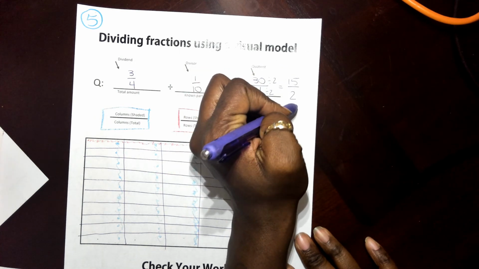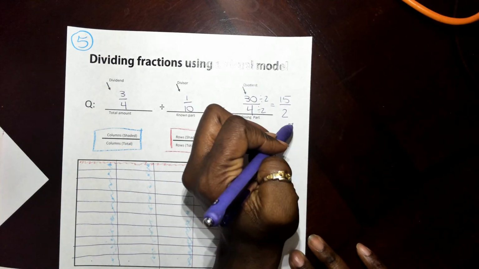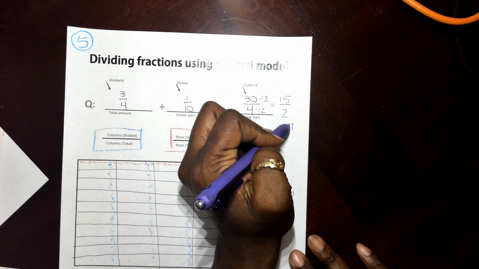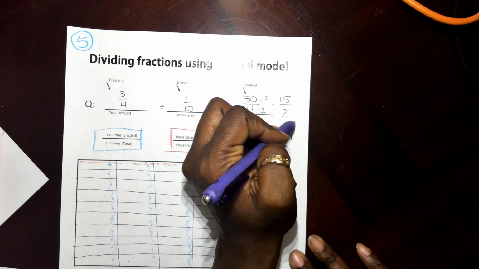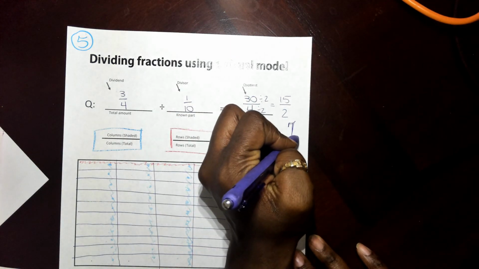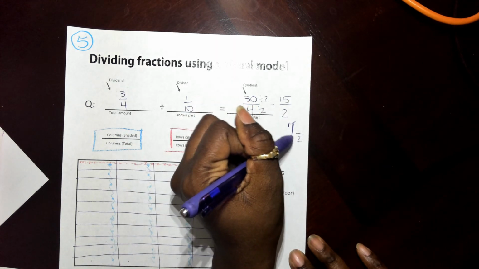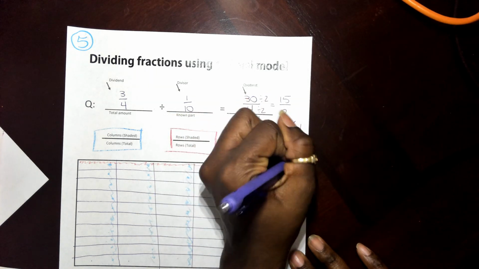We know that there's 7 groups of 2 inside of 15. That would be our whole number. Sorry, lost my train of thought. So that's 7. 2 would still be our denominator. And 2 times 7 is 14. We need one more to get back to 15. So that's 7 and a half.